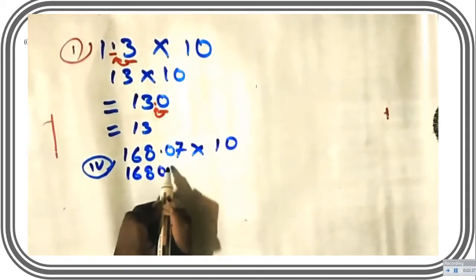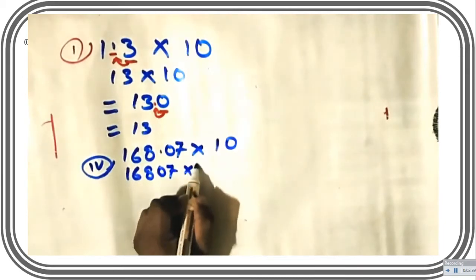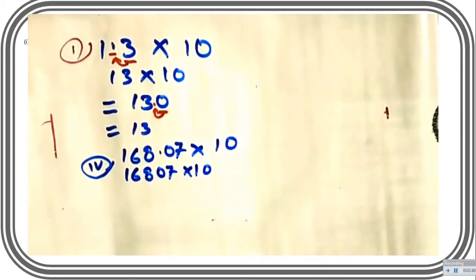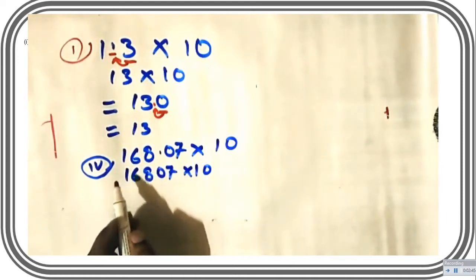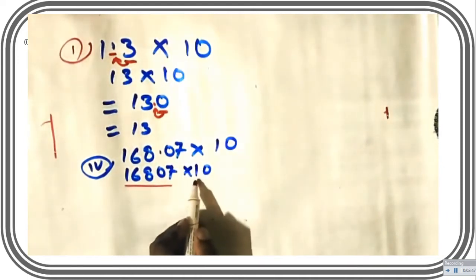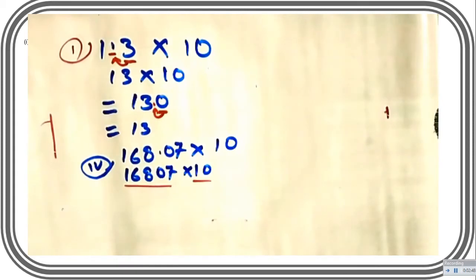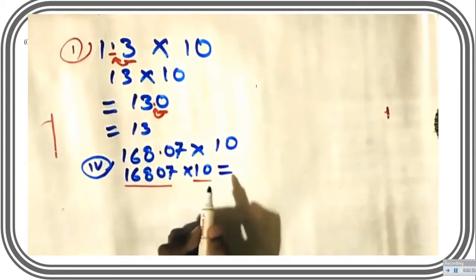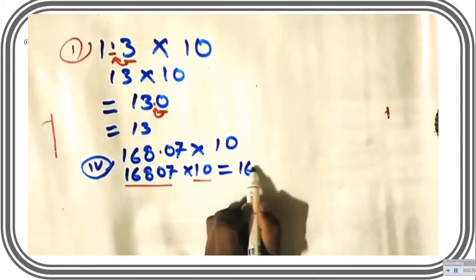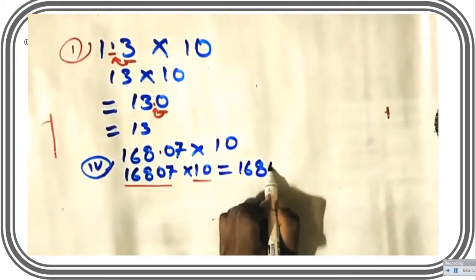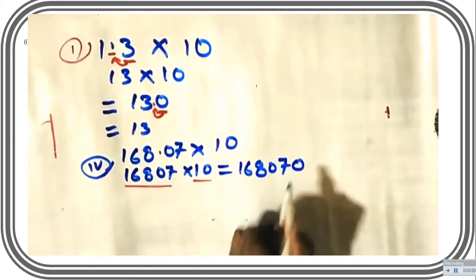Write 16807 multiplied by 10. I told you, if you have confusion in the decimal, first take the number as it is without the decimal, then multiply. What will you get here? 16807 and 0.